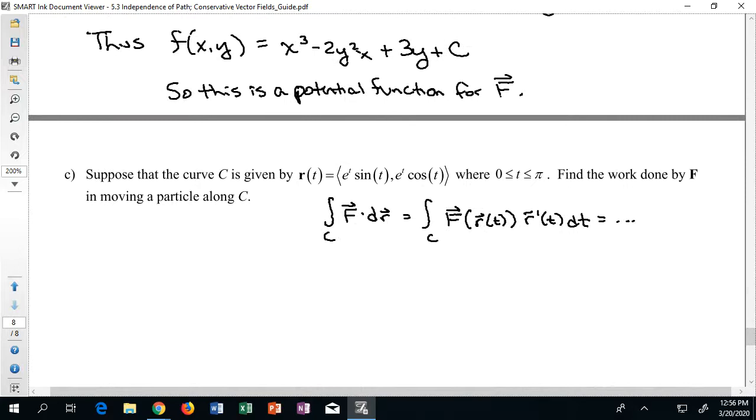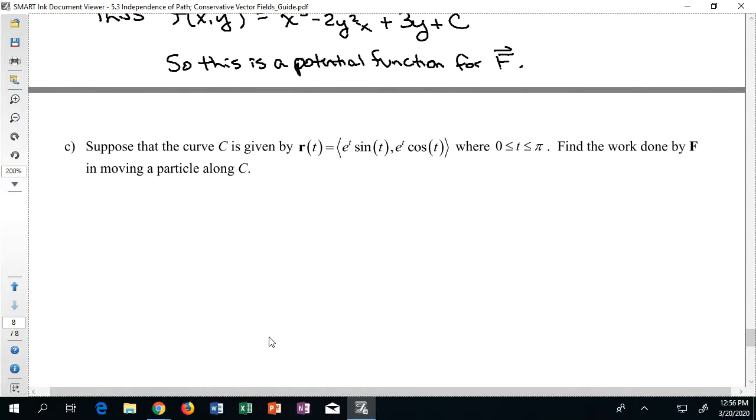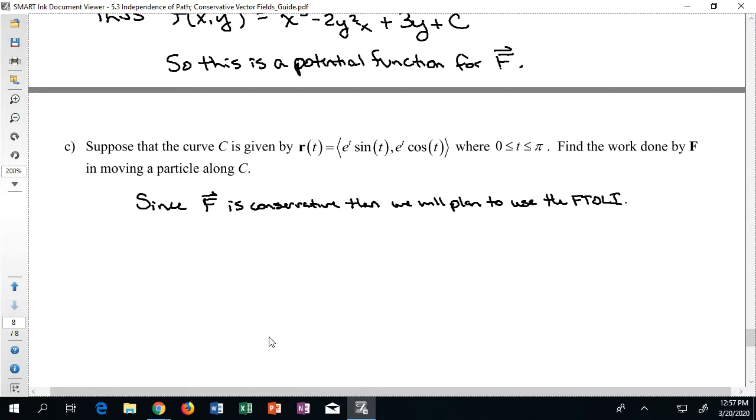So I might all of a sudden really hope that this is a conservative vector field. And we know that it is. So I can say this: since f is conservative, we showed that in part A, then we will plan to use the fundamental theorem of line integrals.